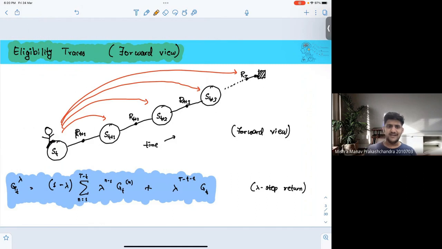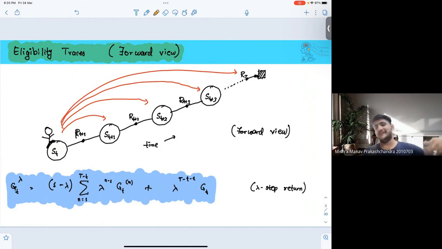It means being at state s t plus 1, I need to have an infinite horizon up till time t, up till the end of the episode. And only then I can make my update and so on. Okay. But from an implementation perspective, or from a mechanistic perspective, this becomes difficult for us when we are doing any sort of implementation.